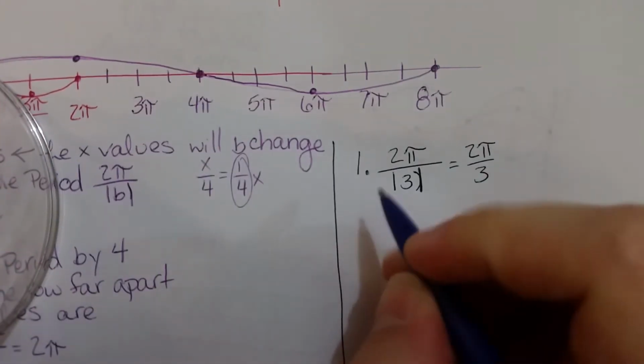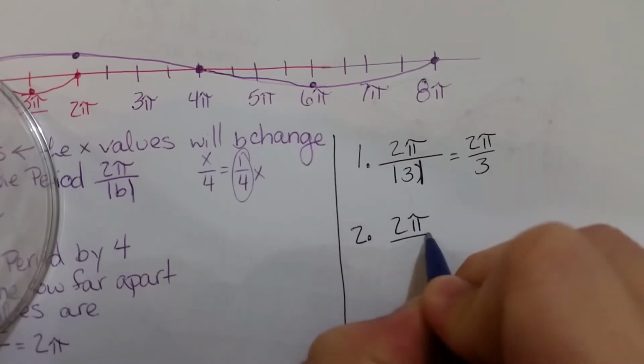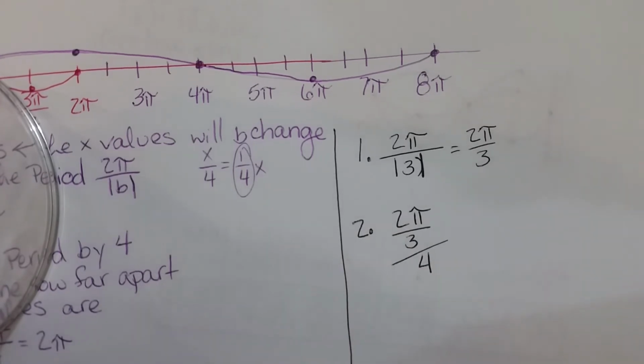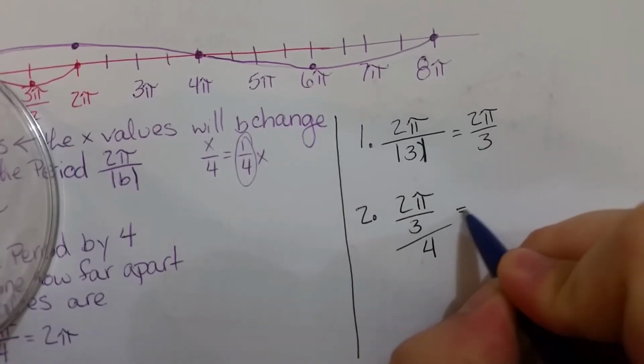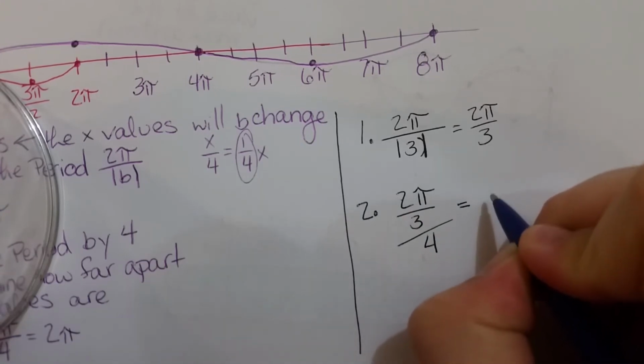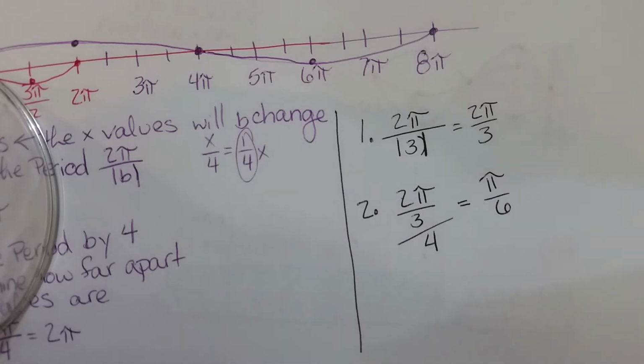Then I'm going to take 2π over 3 and divide the whole thing by 4. And what you're going to get is 2π over 12, which is going to be π over 6.